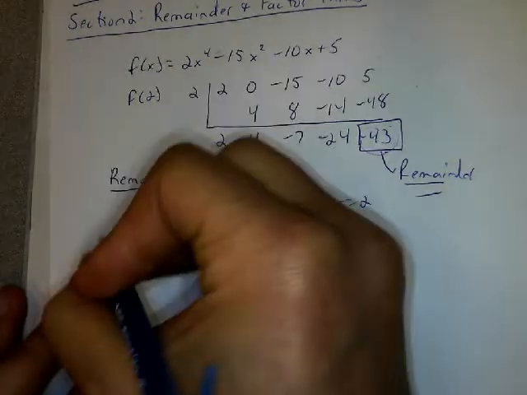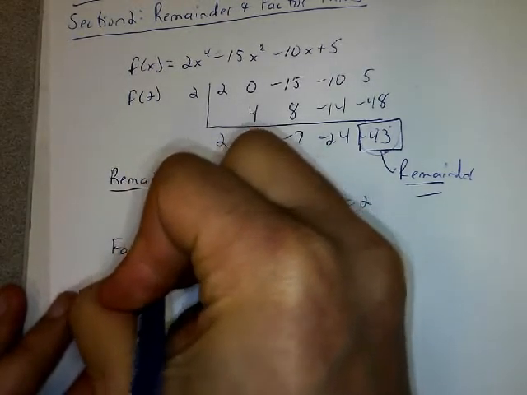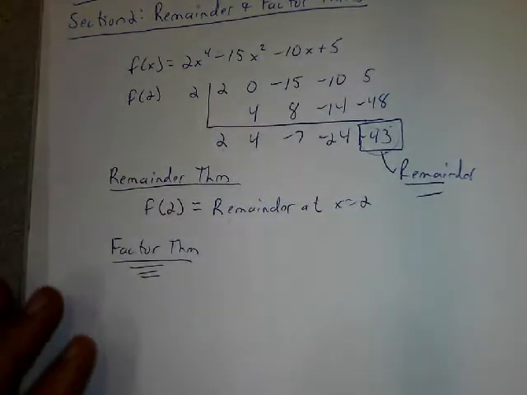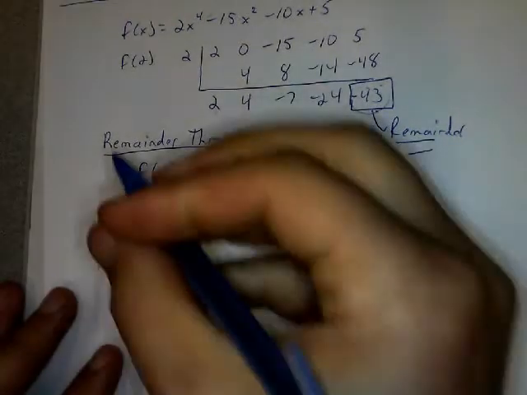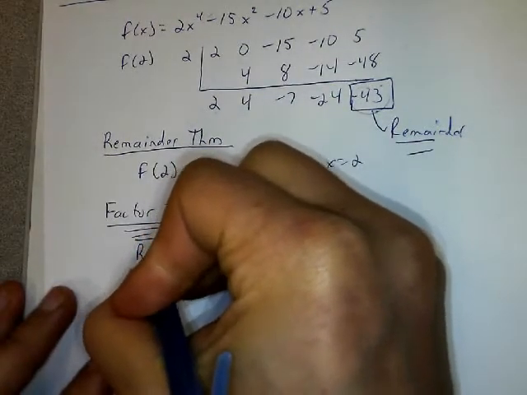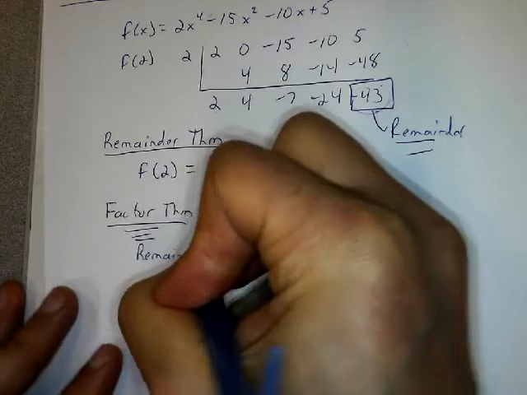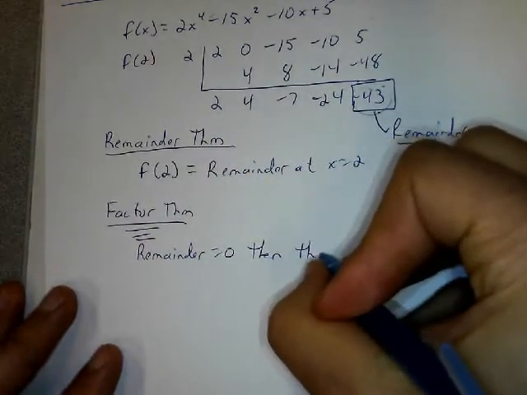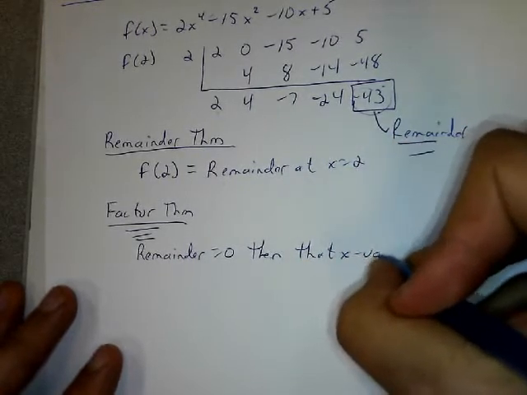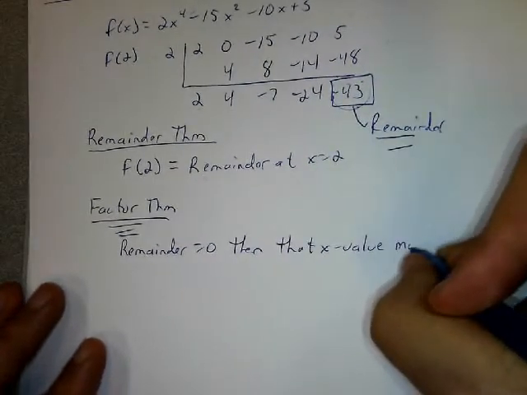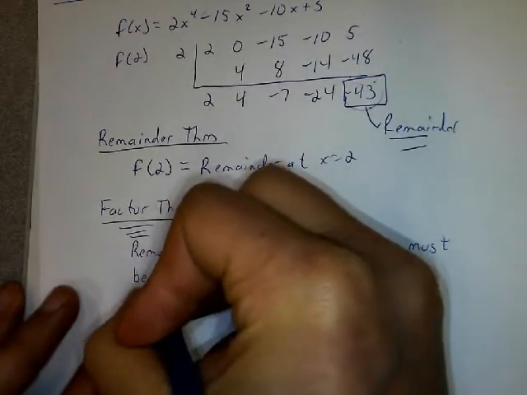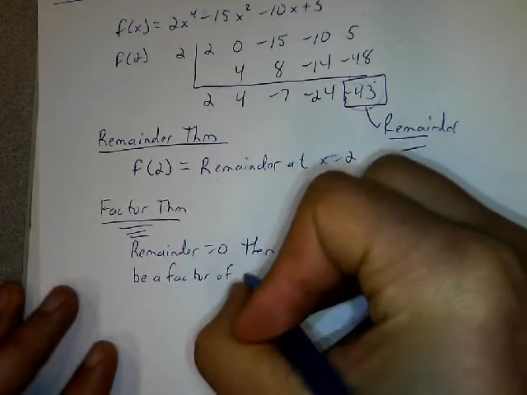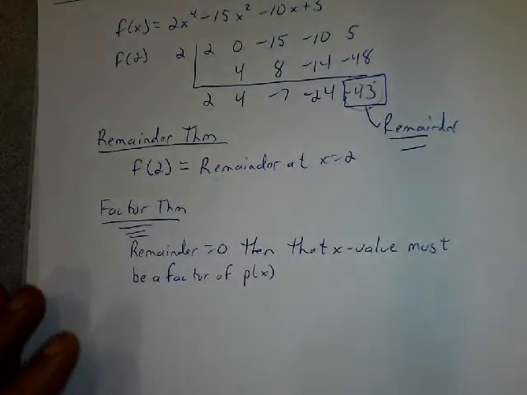What's good about that is that it leads us to the factor theorem. Well, the factor theorem, and this is the pivotal part of this chapter, is if the remainder is equal to 0, then that x value must be a factor of p of x, where p of x is a polynomial function.